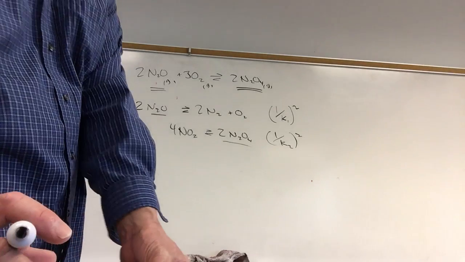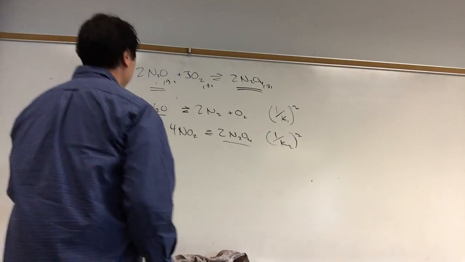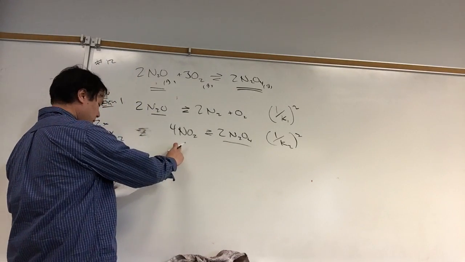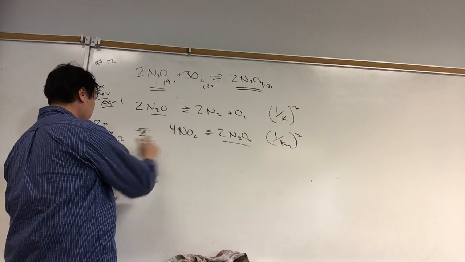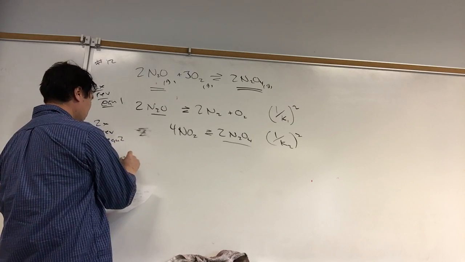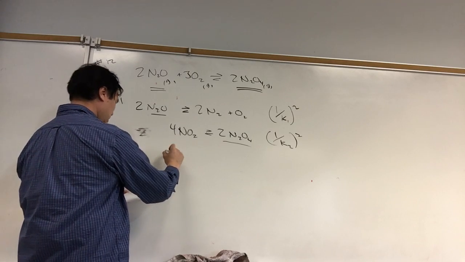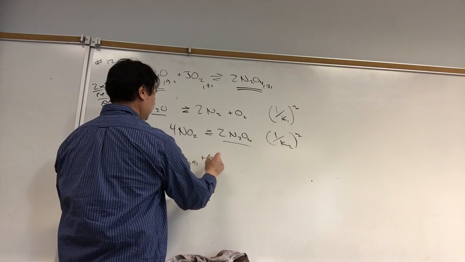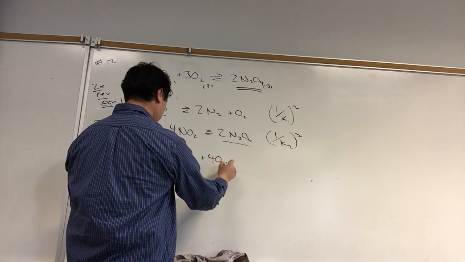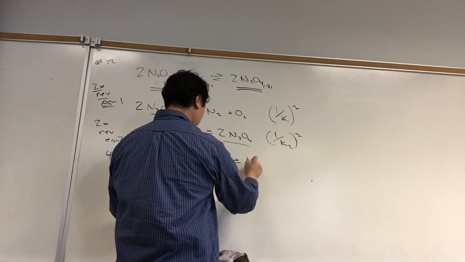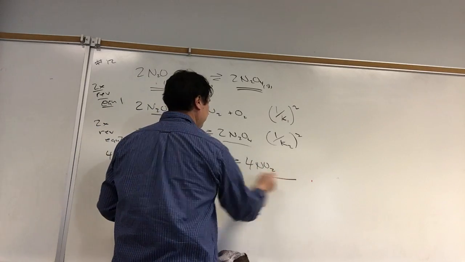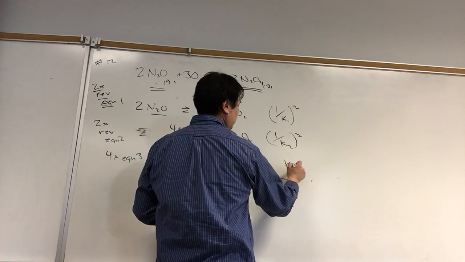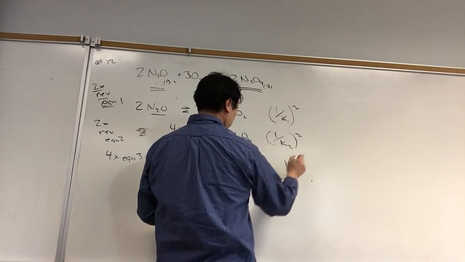Yeah, and so I'm going to use equation 3, and for equation 3, I'm just going to write it as is, but quadruple it. And so this will be 4 times equation 3. And so this will be 4 N2 gas plus 4 O2 plus 4 N2. And so this would be equation 3 to the 4th.